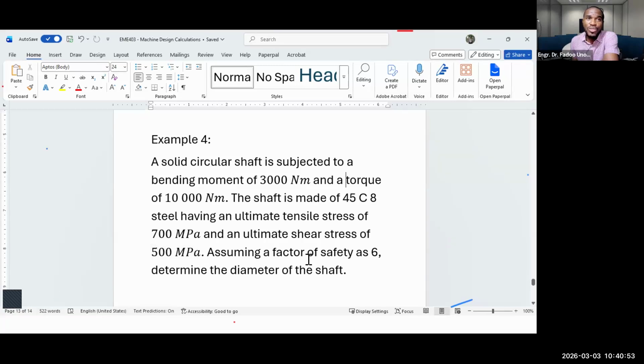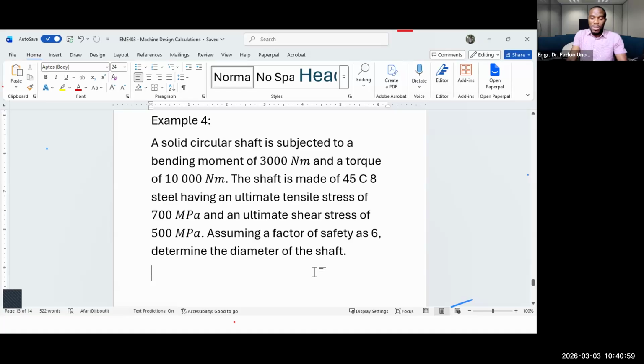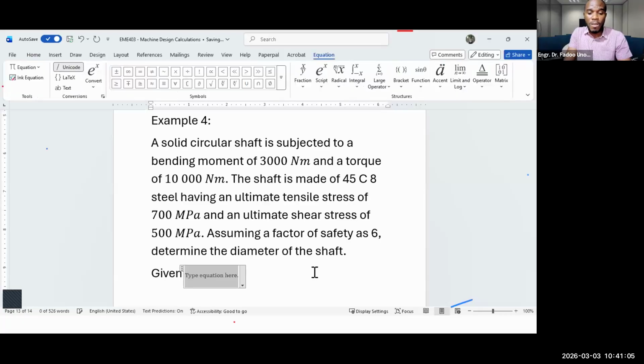And we are asked to assume a factor of safety of 6 and to determine the diameter. So what have we been given? We have been given capital M, which is your maximum bending moment acting in the shaft. And we are told that that is 3,000 Newton meter. And then we have also been given the torque. The torque has been given to us as 10,000 Newton meter.